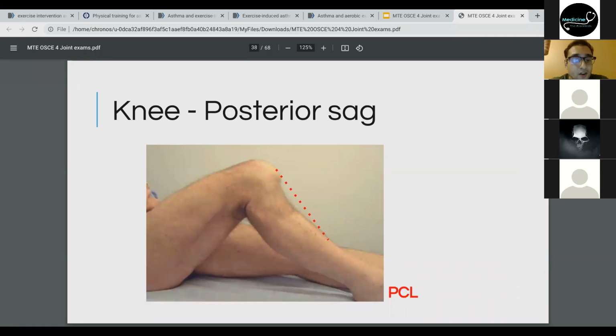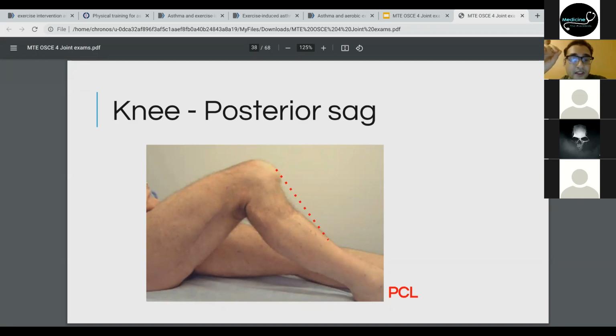Right, then you get your patient to bend both their knees to about 45 to 60 degrees. If you have a patient with a posterior sag, so remember the posterior cruciate ligament attaches from the front of the femur to the back of the tibia. So if you lose that, there's nothing stopping the tibia from translating backwards.